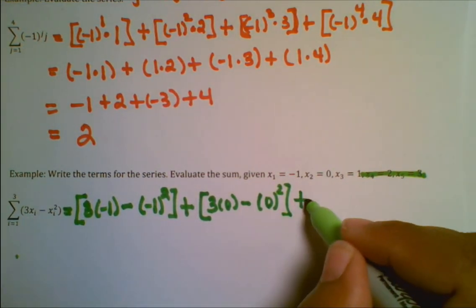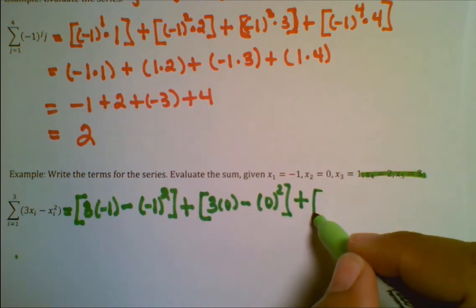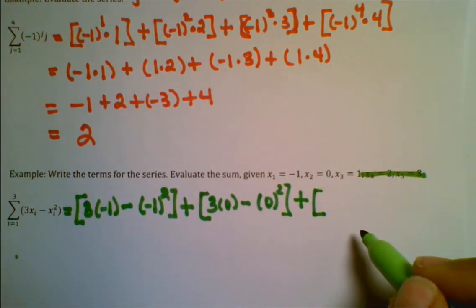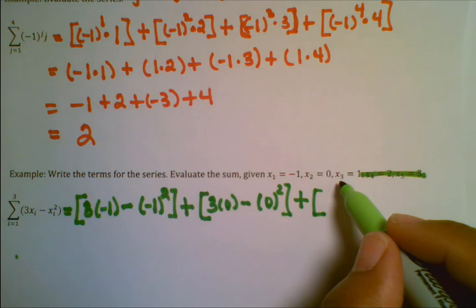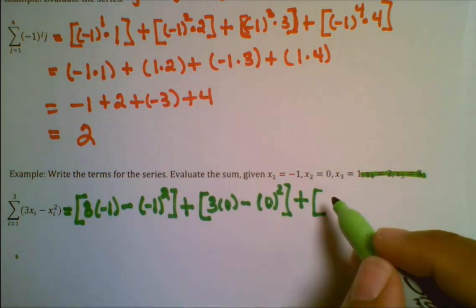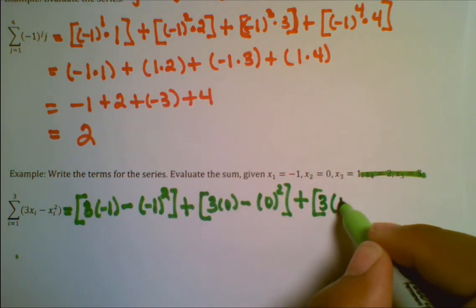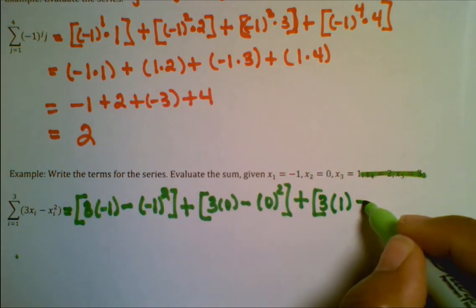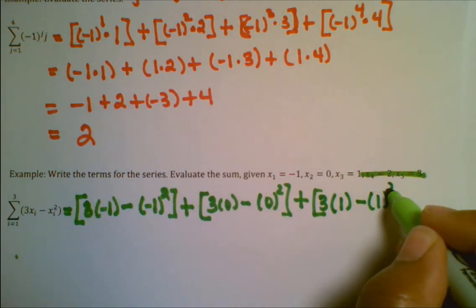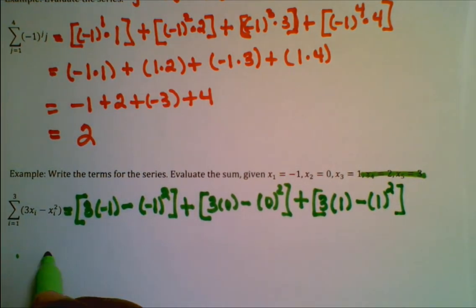Then our last term, we're substituting 1 in for our third term, x of 3. So we have here 3 times 1 minus 1 squared. Okay, so let's look at each parenthesis.